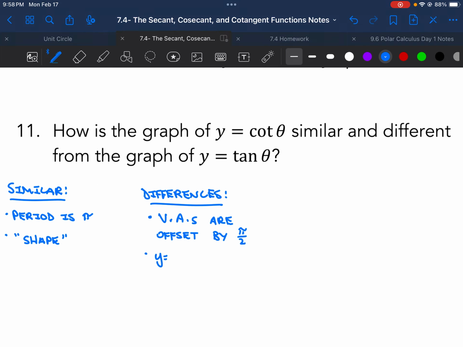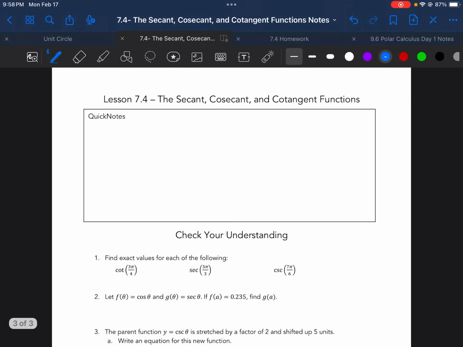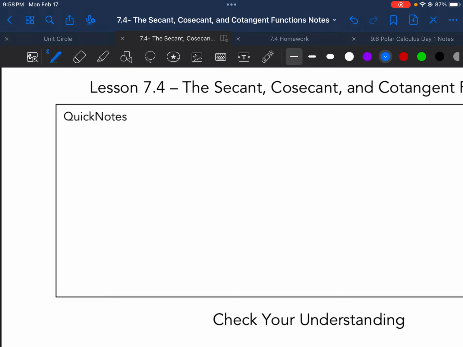Tangent, so y equals tangent of theta, is increasing. Y equals cotangent of theta is decreasing. All right, and those are the big differences there. All right, so let's go ahead and wrap this up then.